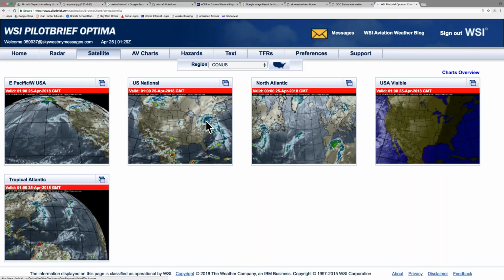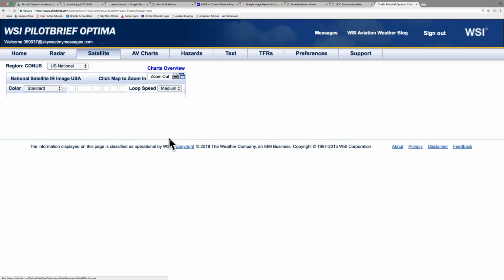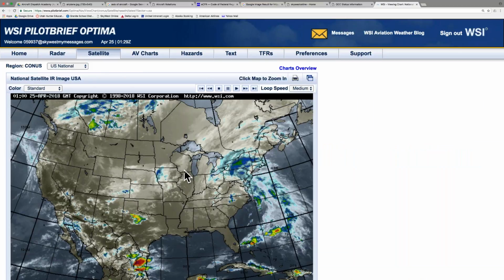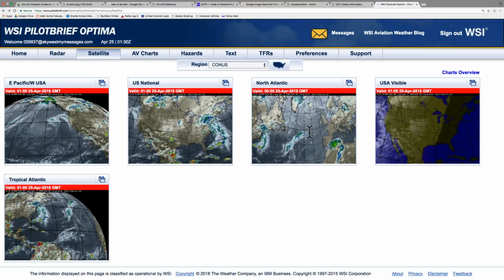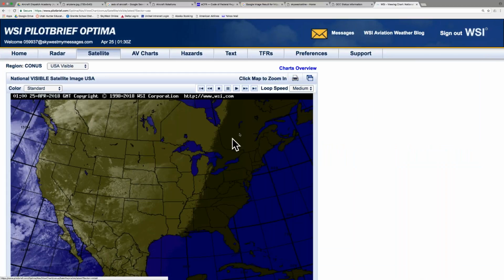The satellite images will show us the echo, basically. The satellite sends down a beam, and this is the reflection that it gets. They also have infrared, so they use different light spectrums to pick up these clouds. This is what the visible spectrum is.